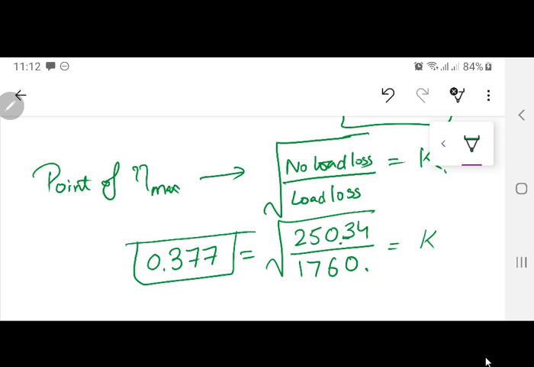Now what is this telling you? This is telling you that a distribution transformer is going to have its maximum efficiency at 37.7% of the load. Since you are still students and have not gone into the industry, if you go to a distribution company such as Lesco or Gepco, you will find out that a distribution transformer, from morning 9 AM or 10 AM up till 5 or 6 PM, is almost at the same load, 30 to 40 or 45%.